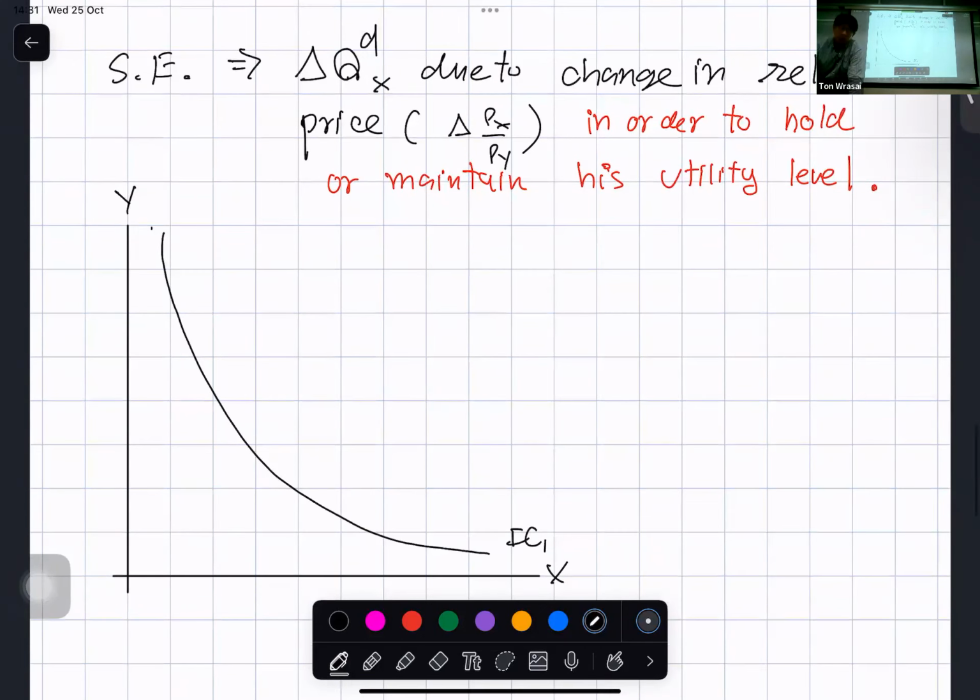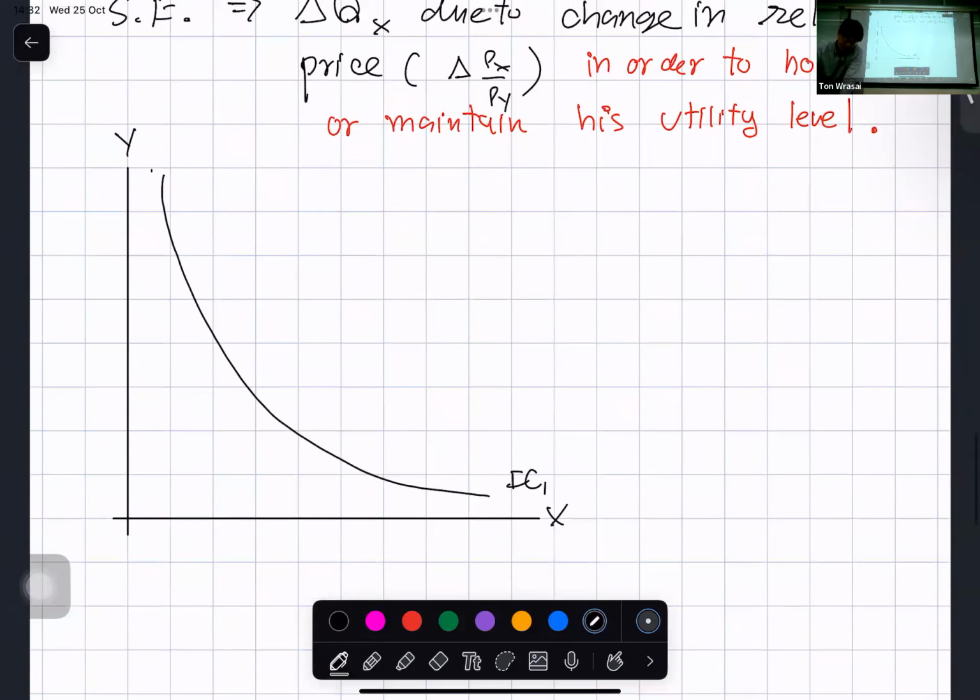And once you see this picture, you should have a better understanding of why we have to add this red part in order to hold or maintain utility here. Let's start.